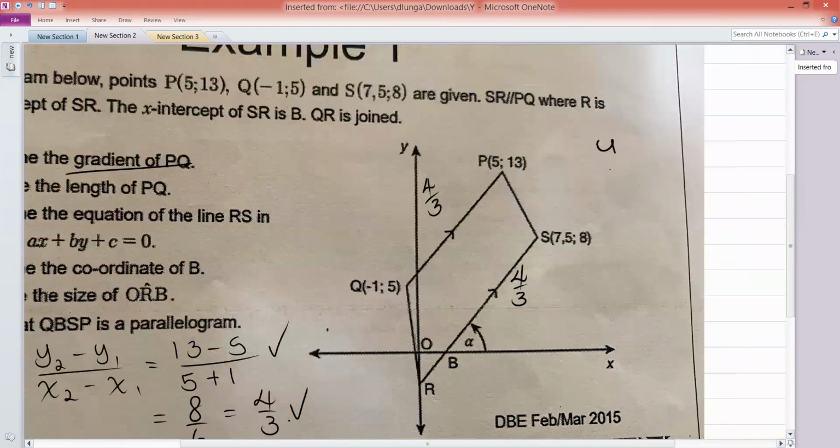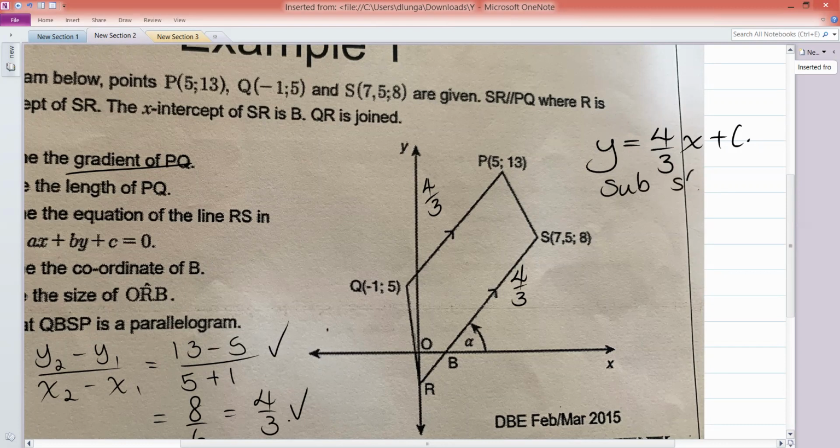Knowing that the gradient is the same, y equals 4/3 x plus c. What can we do next? We can sub in the point S, (7.5, 8). Does everyone agree? Yes, ma'am. So 8 equals 4/3 times your x value, 7.5, plus your c. You want to make c the subject of the formula here.